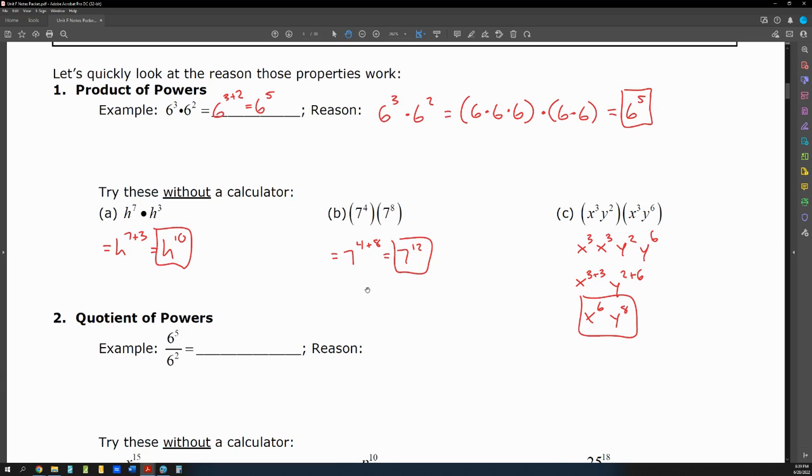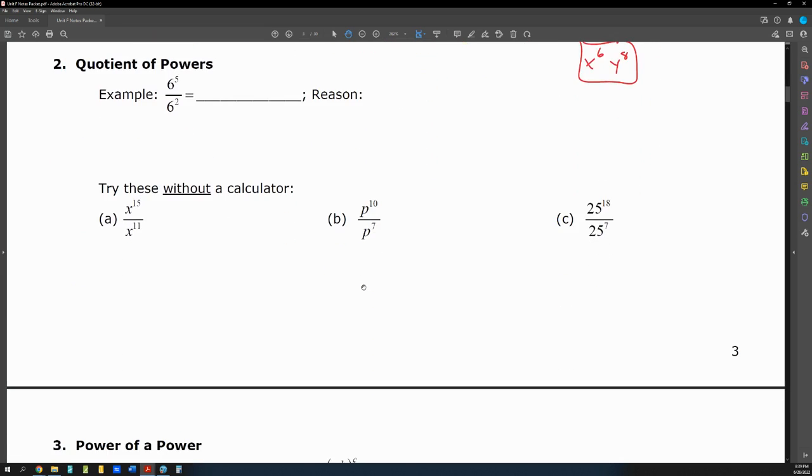The second property that we're going to look at is the quotient of powers, or I like to call just the quotient rule. Here we have 6 to the 5th divided by 6 squared is equal to 6 to the 5 minus 2, which is equal to 6 cubed. And the reason why is if I were to expand this out, so 6 to the 5th over 6 squared, in the numerator we would have 6 times itself 5 times, or 6 times 6 times 6 times 6 times 6.